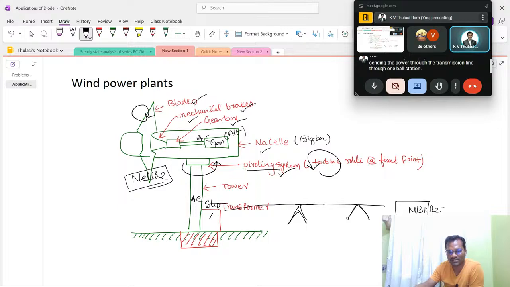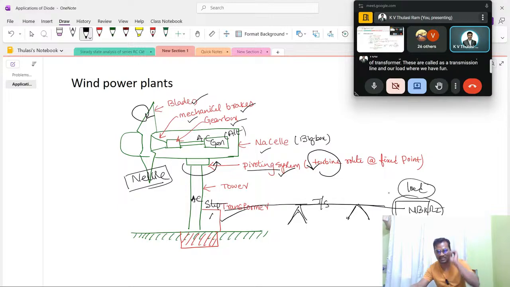Our power reaches NBKR college. This is how we have the step up transformer. These are called the transmission line, and our load, where we have fans and tube lights, is NBKR college. Okay, so this is how we have generation of wind power.